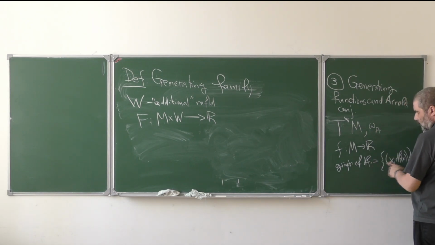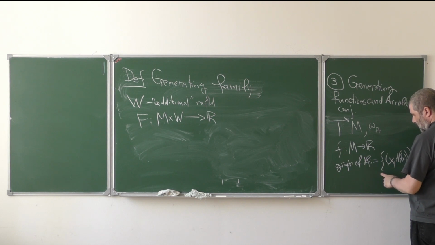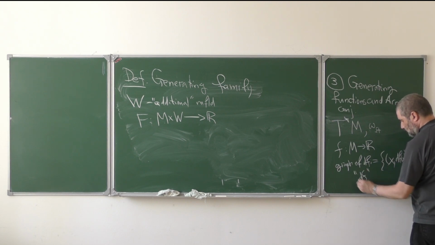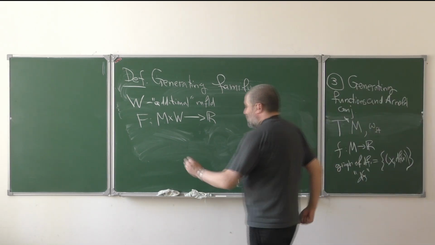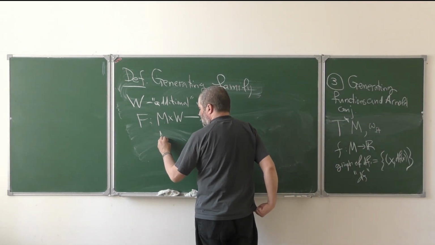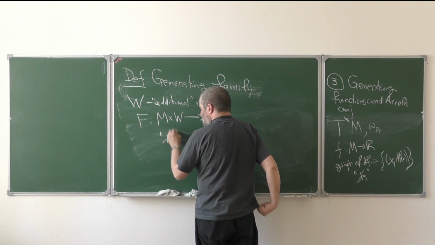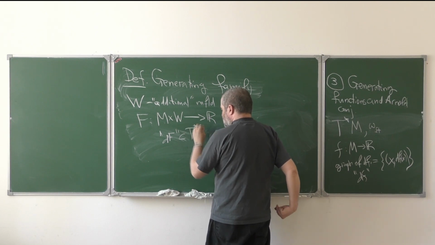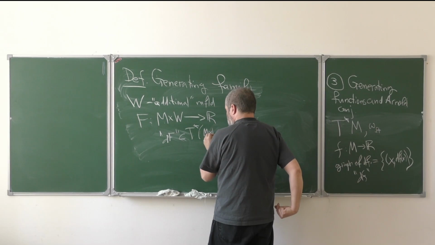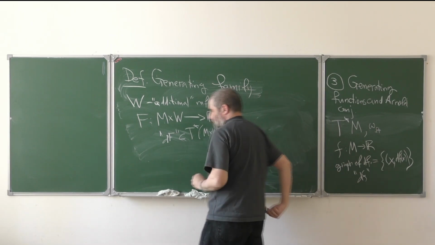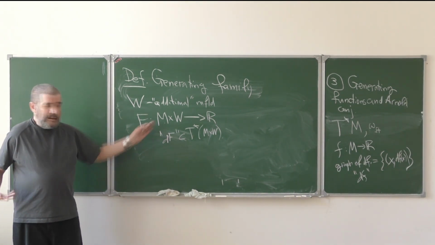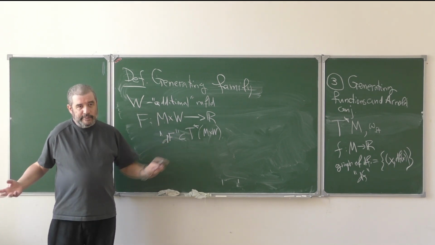Okay, so if we have any smooth function, I will denote this graph by dF. So we have a manifold dF in the cotangent bundle to the product, by definition. It's a Lagrangian manifold in the big space, the big cotangent space.